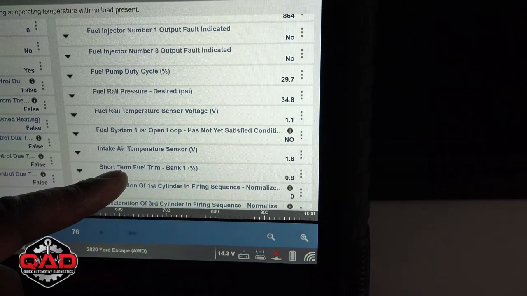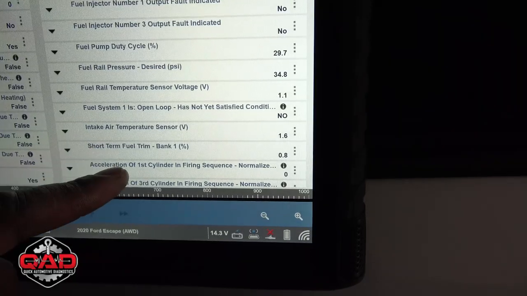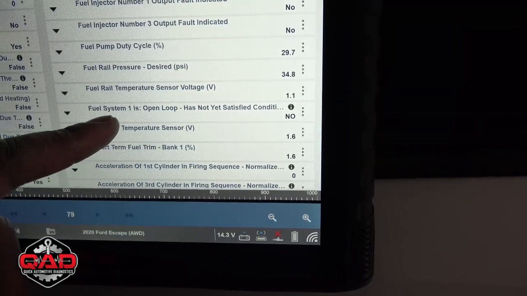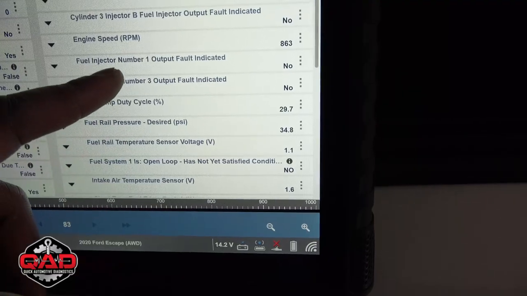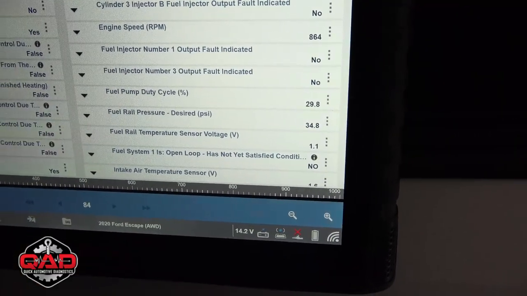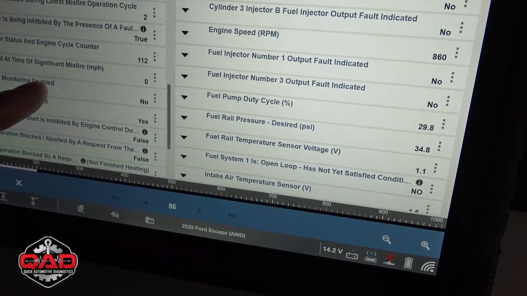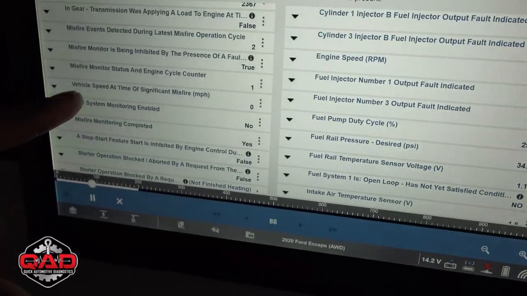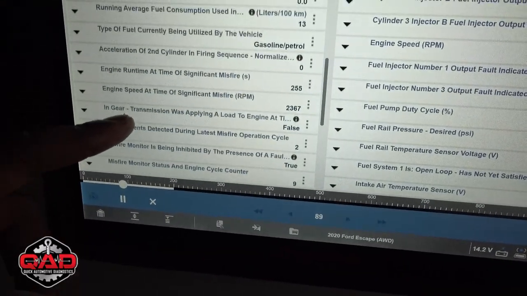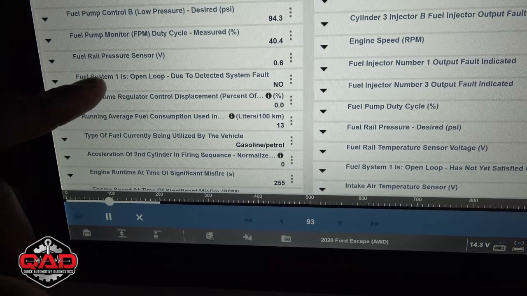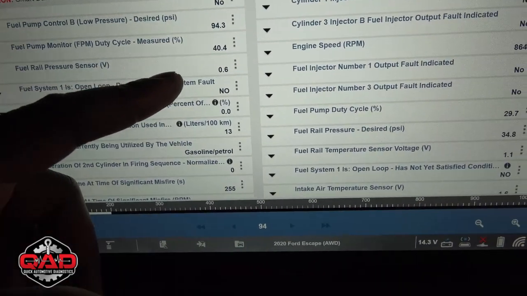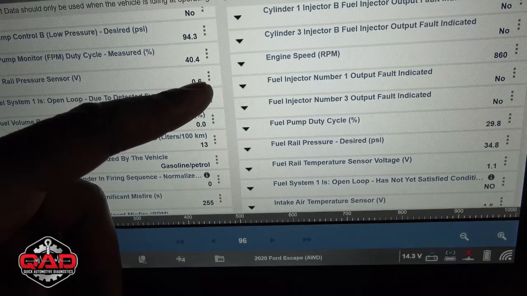Okay, fuel rail pressure. Let's see if you can see fuel rail pressure here. Fuel rail pressure voltage, we have only 0.6.